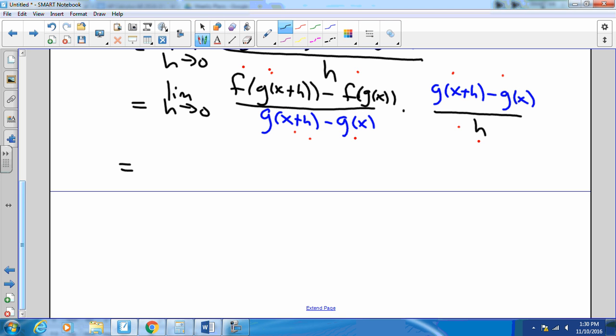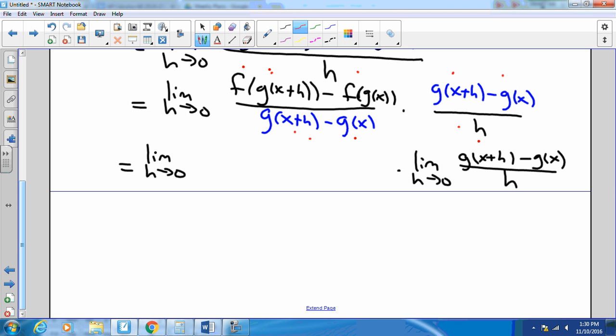So now we pull off a little bit of product rule for limits. But we also pulled off a substitution. We said, since this is looking like a variable right here, let's go ahead and let w equal g of x plus h, and let's let w0 be g of x.